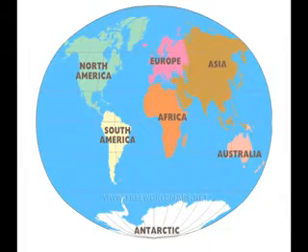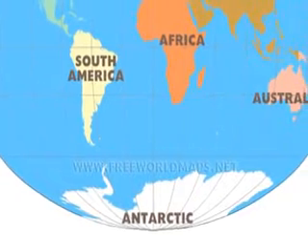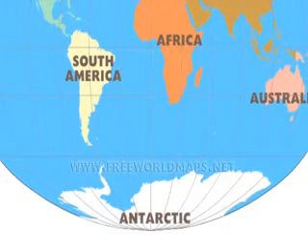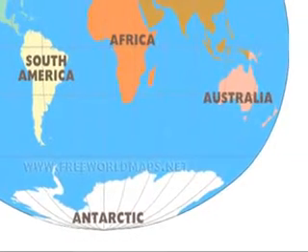Here you can observe Antarctica, the white color, that is the South Pole of the earth. It stretches towards South America, the yellow shaded area. This part of Antarctica stretches towards the South America continent, which is the closest landmass, around 1000 kilometers away.